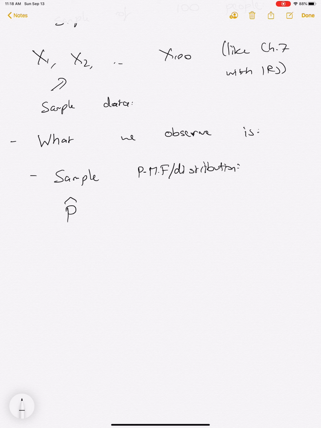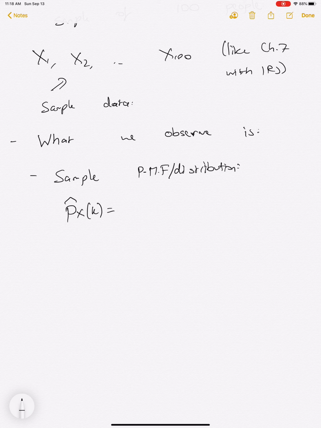So this hat is really me trying to hit home the fact that this is a function of the data. It's not a population parameter. So typically if I want a population parameter, it will have no hat. And if I want a statistic or an estimator to estimate that, I'll often put a hat above it to denote the fact that it's a function of the sample, not of the population.